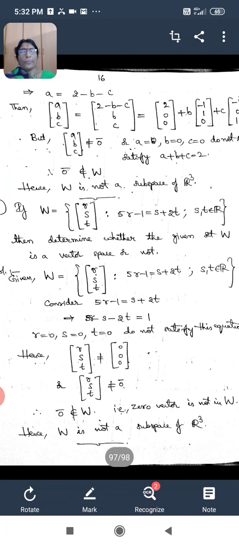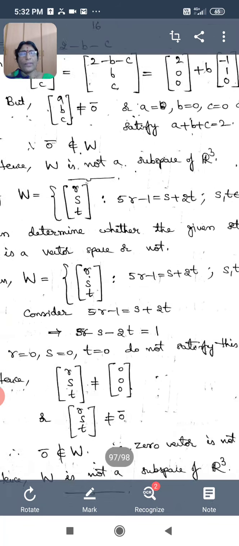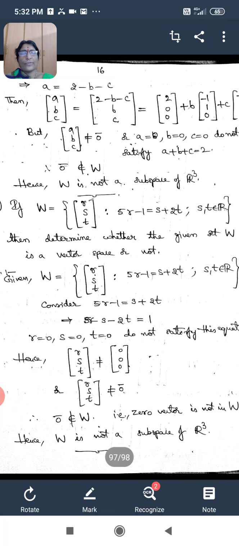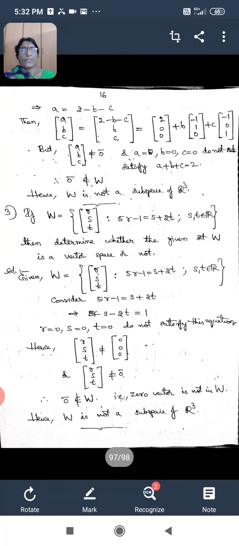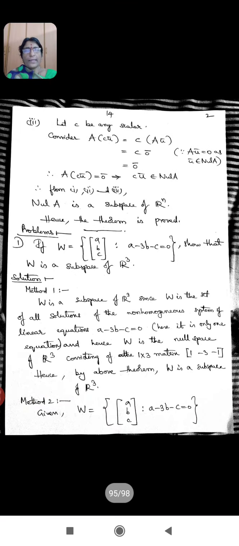But we couldn't prove that W is a subspace of R3, because the non-existence of the zero vector in W shows that W is not a subspace of R3. So this is all about a theorem and some problems based on the theorem that we have proved earlier.